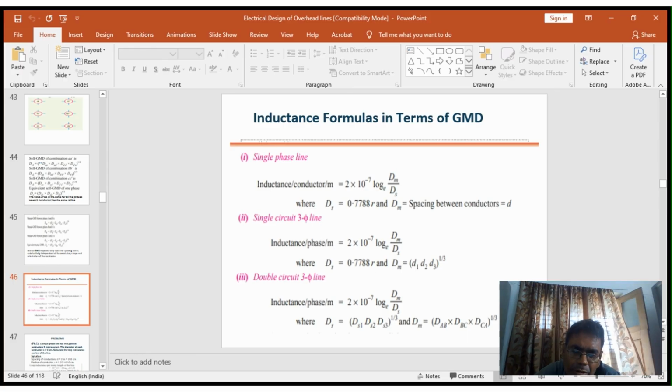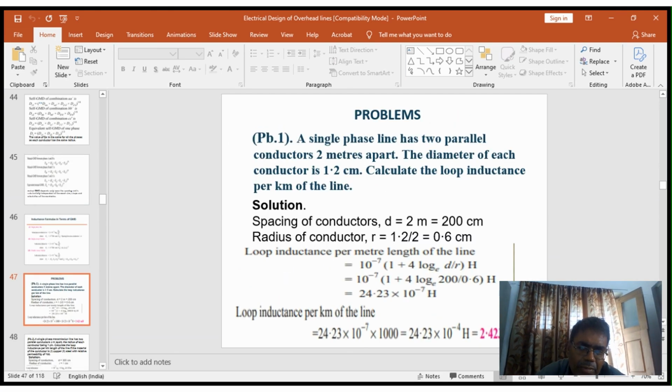In case of a double circuit line, Ds is equal to Ds1 into Ds2 into Ds3 whole power 1 by 3, and Dm is equal to DAB into DBC into DCA whole power 1 by 3. Then inductance per phase per meter is equal to 2 into 10 power minus 7 ln Dm divided by Ds. These are some important formulas for evaluation of inductance.